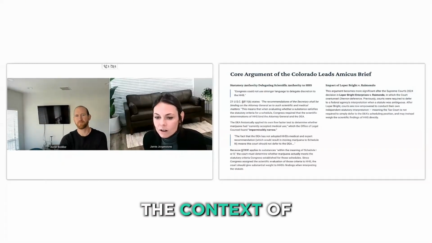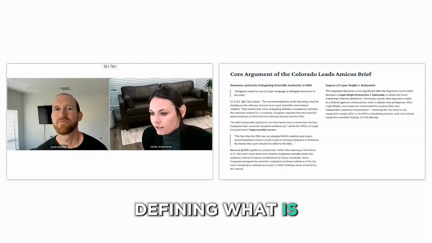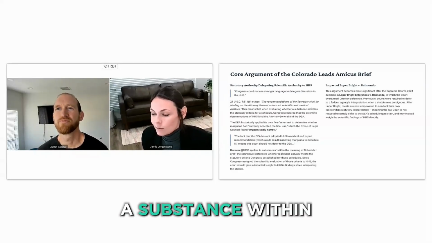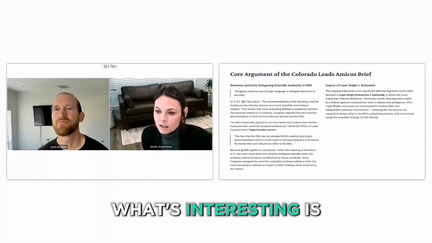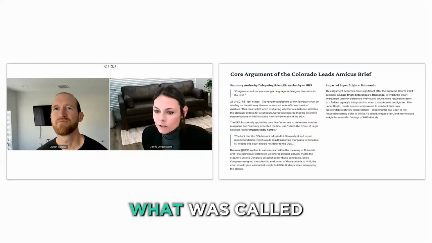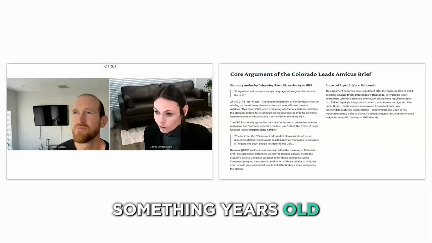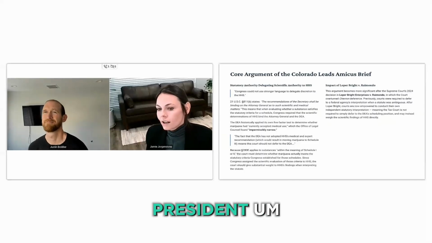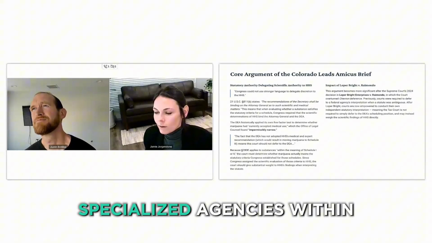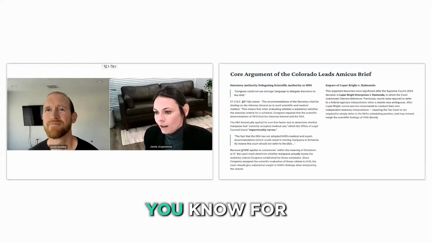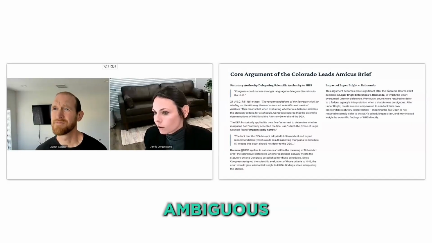So within the context of who the tax court should defer to in defining what is a substance within the meaning of Schedule 1 or 2, what's interesting is there used to be what was called the Chevron deference. That was 40-something-year-old Supreme Court precedent that basically said that courts should defer to the specialized agencies within the government for their interpretation of law that might otherwise be ambiguous.